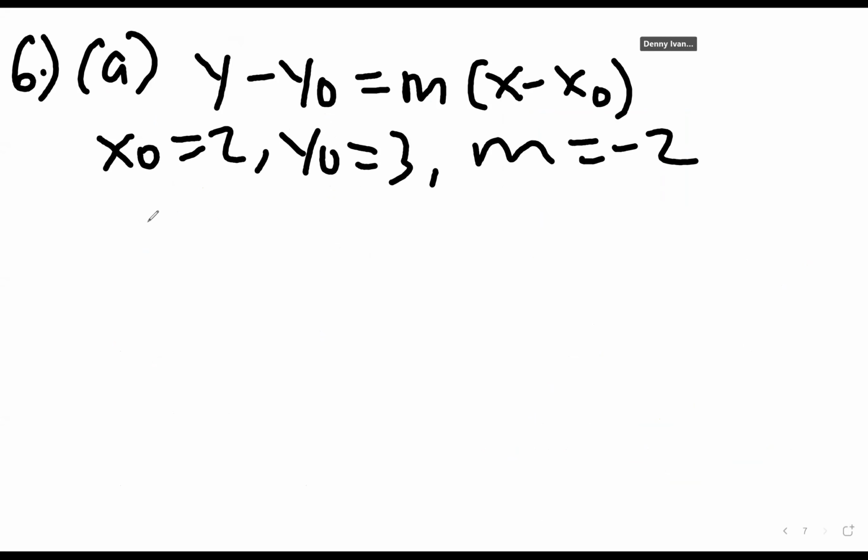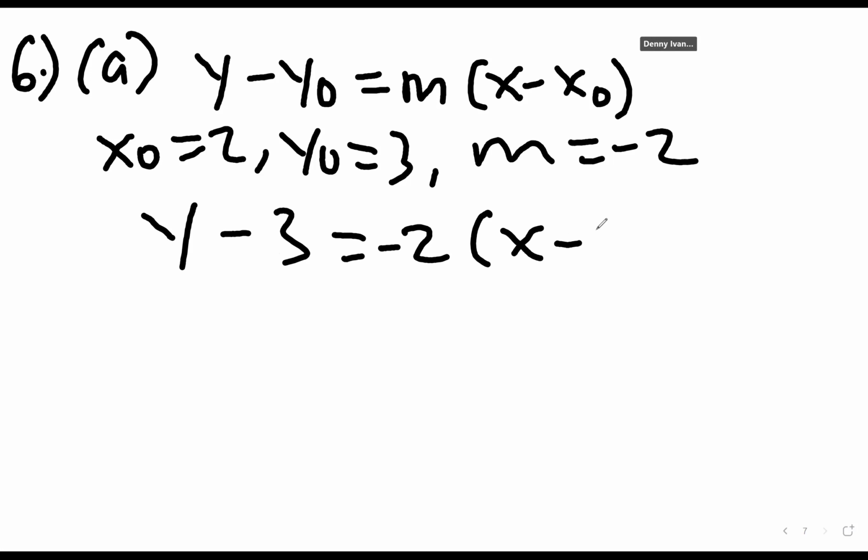So I will have y minus 3 equals minus 2 times x minus 2. So I have y equals minus 2x plus 4 plus 3, so y equals minus 2x plus 7.